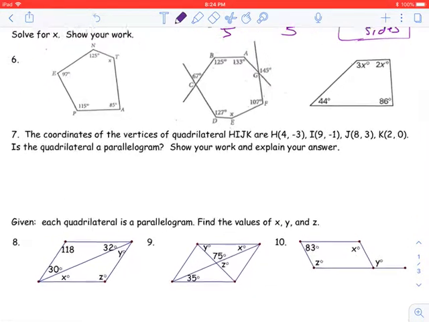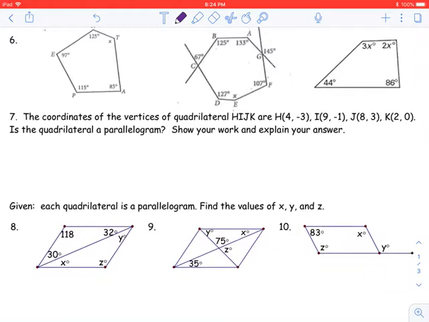So number 7, it says the coordinates of the vertices of a quadrilateral are H, I, J, K, and there are your points. Is this quadrilateral a parallelogram? Show your work to explain. So remember, to be a parallelogram, the opposite sides have to be parallel, or have the same slope.